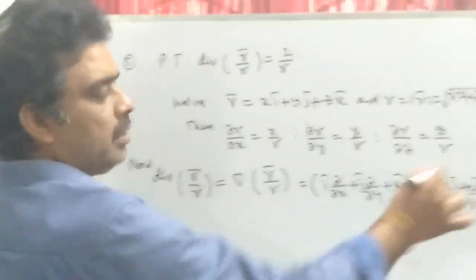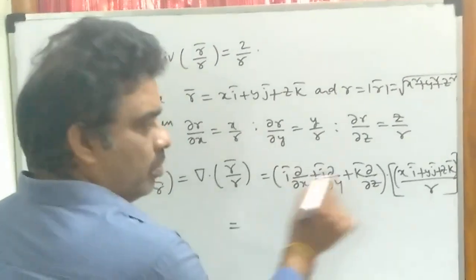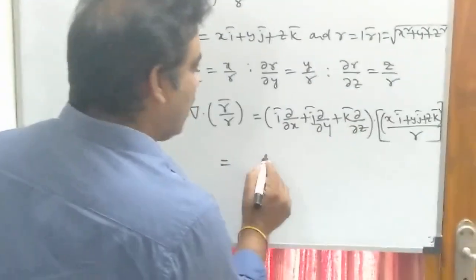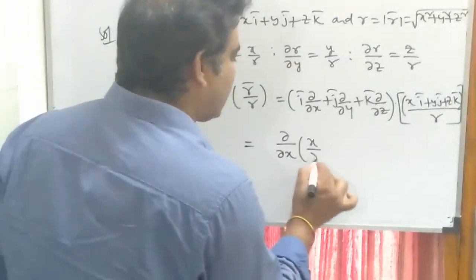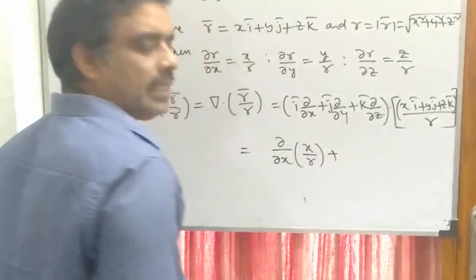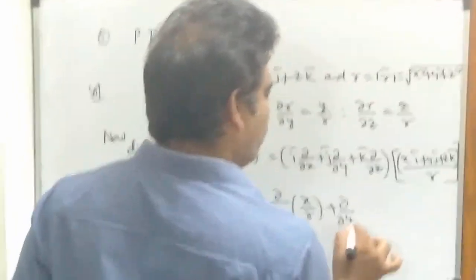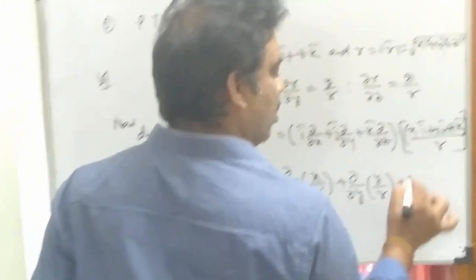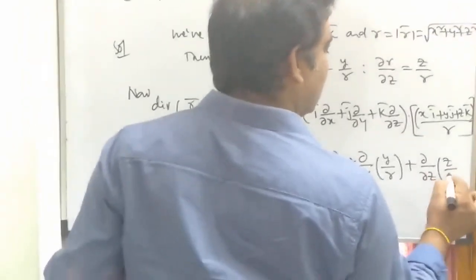R bar is the numerator. Using the dot product, i bar dot i bar is 1, the first term is dou by dou x of x by r, plus j bar dot j bar is 1, dou by dou y of y by r, plus k bar dot k bar is 1, dou by dou z of z by r.